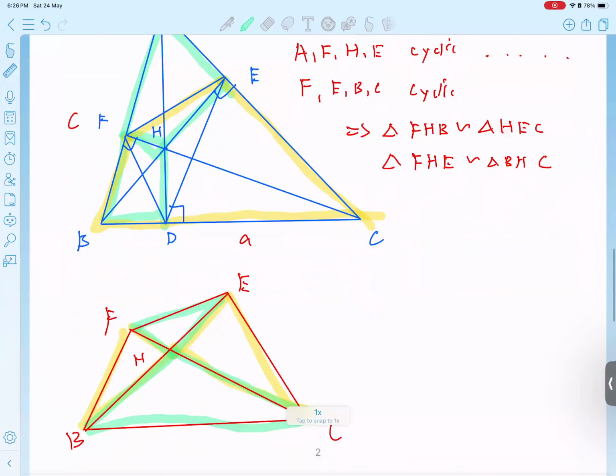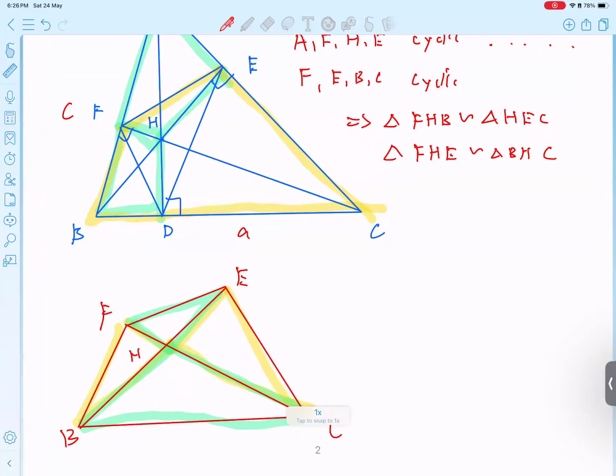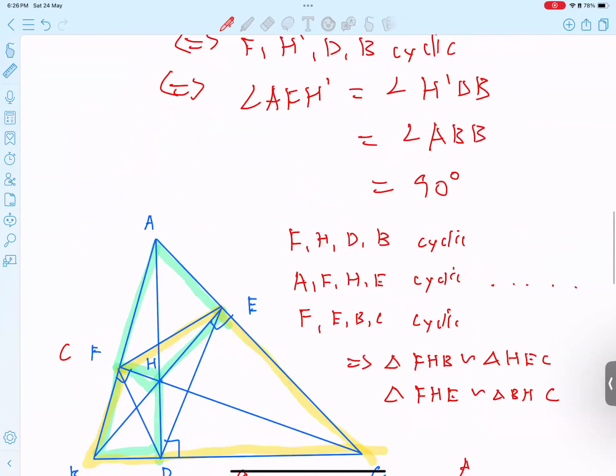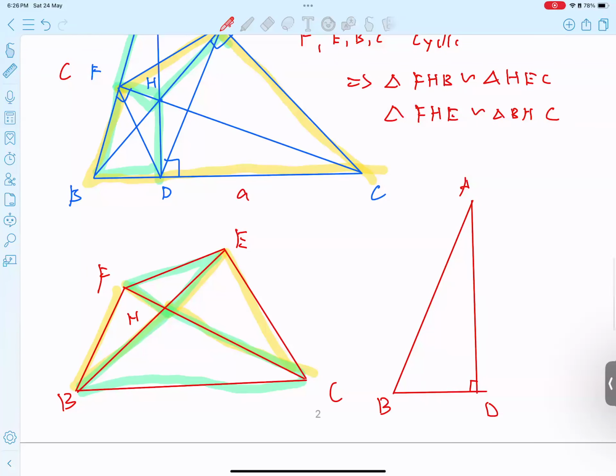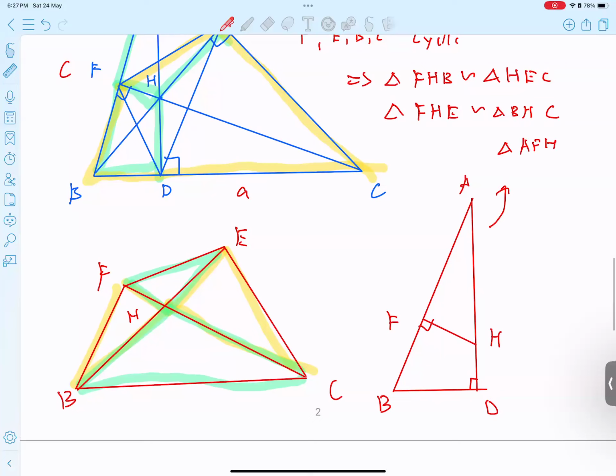One last thing on the similar triangles. So if we take the cyclic quadrilateral FHDB and the triangle ABD, so it's ABD, H. Again, you will have triangle AFH similar to triangle ABD.